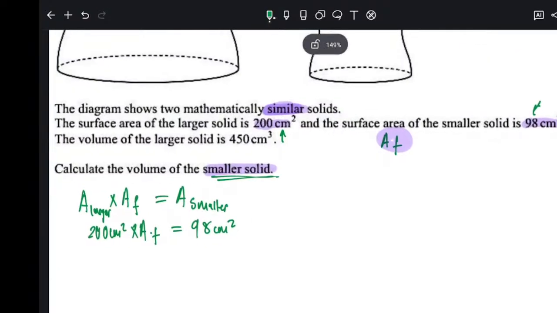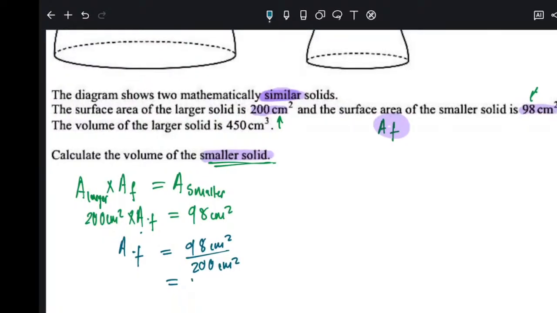How's that? Now what do you do to get area factor? You say area factor is equal to 98 centimeters squared divided by 200 centimeters squared, which is going to be, what is 98 divided by 200? 0.49.